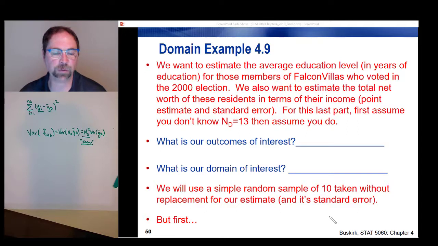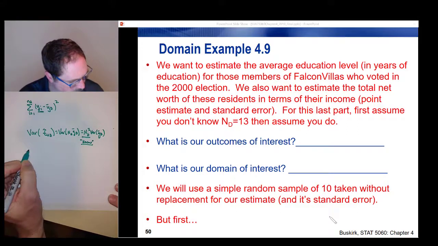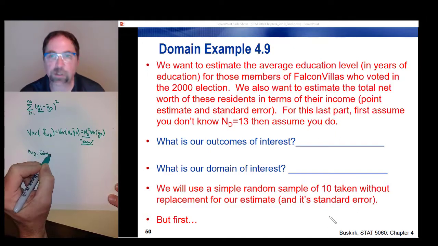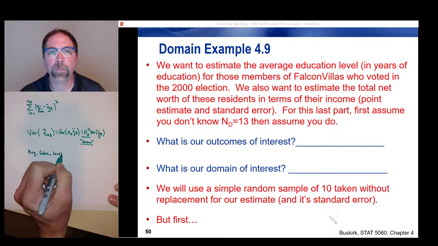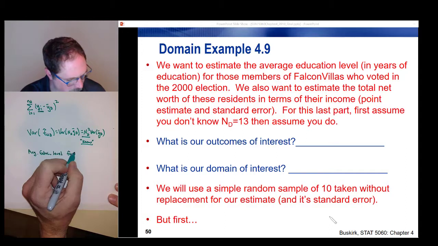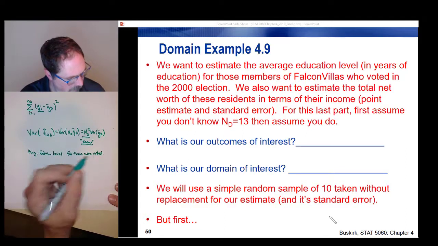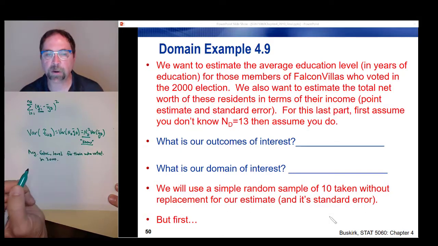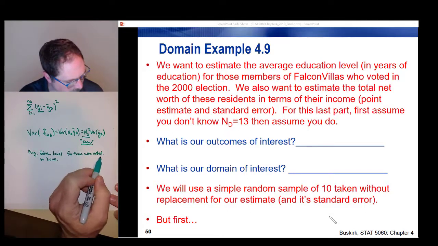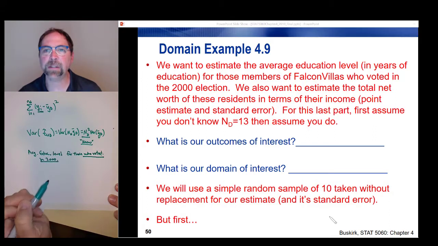So our outcomes of interest here are a few things. We want the average education level for those who voted in 2000. So our domain of interest for this variable is vote in 2000.